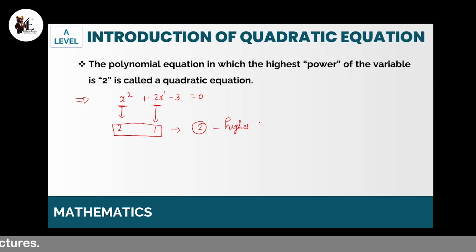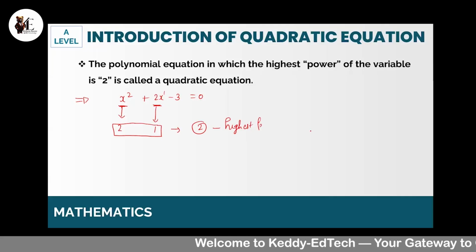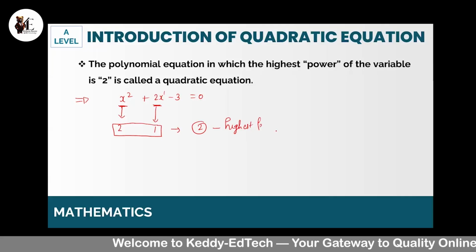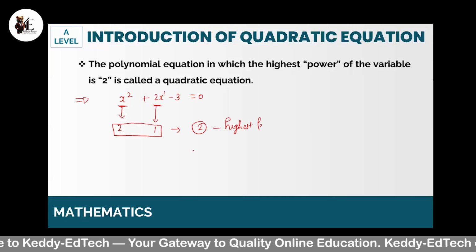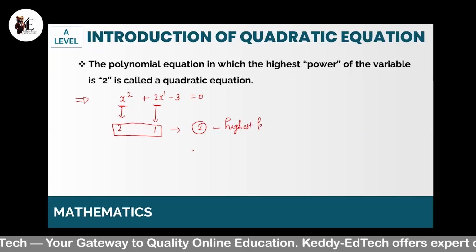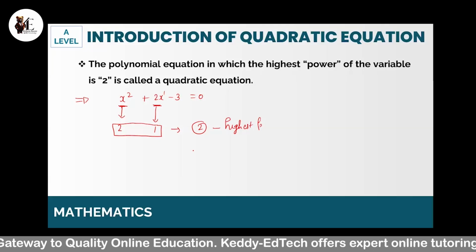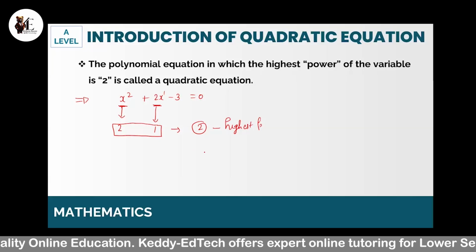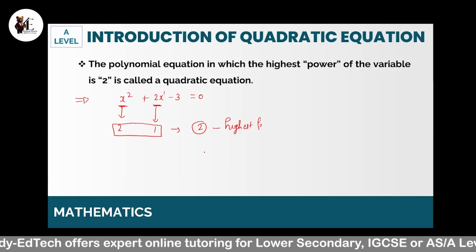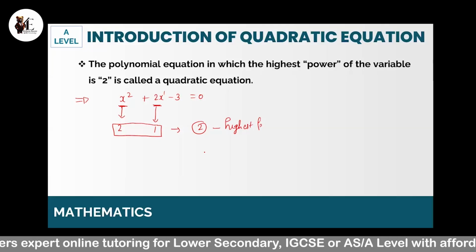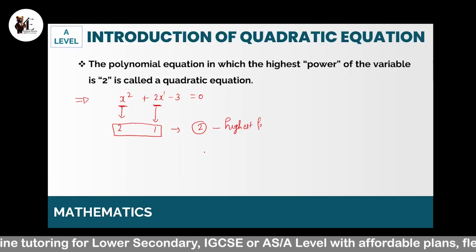If I have 2x cubed plus x square minus x plus 7 is equal to 0, then in this equation the highest power of the variable, that is the degree, is 3, so it is not a quadratic equation. The condition for a quadratic equation is that the degree should be 2. It cannot be less than 2, and it cannot be greater than 2.